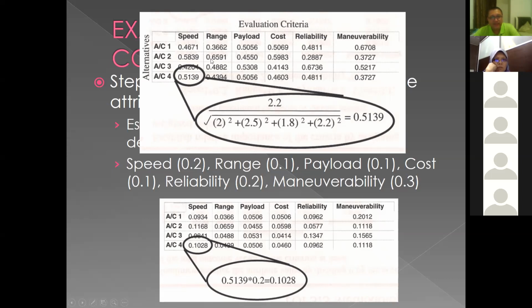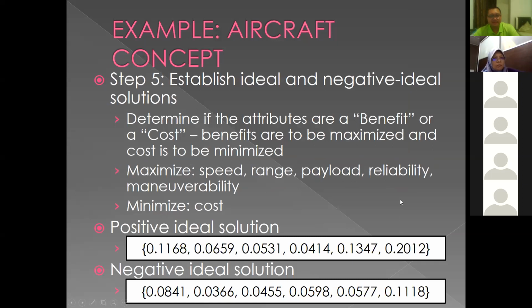For range, you have to multiply by 0.1. Then you get these numbers, and so on. Similarly, for the maneuverability, you have to multiply this column with 0.3 to get all these values. Okay, clear? Any question? Shall I proceed? Okay. Next.